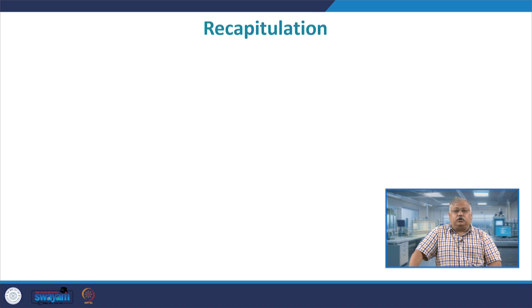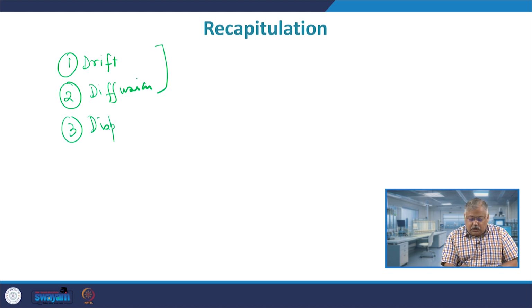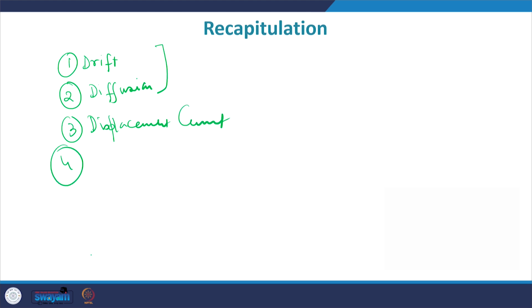So, let me recapitulate what we did for this whole lecture. We looked into the concept of drift, right. We looked into diffusion, right, and then we understood the difference between drift and diffusion, and then we looked into displacement current.